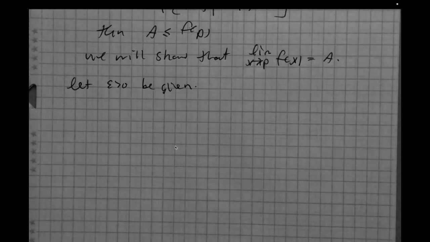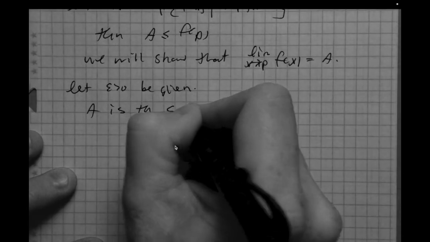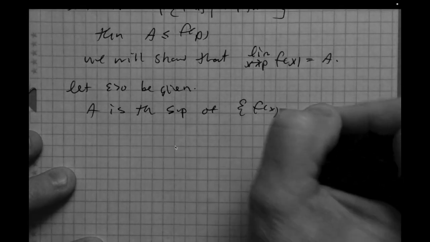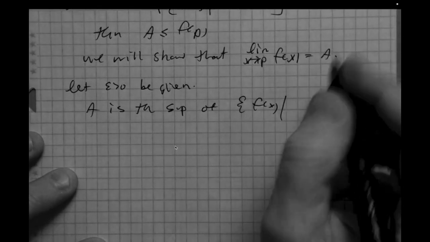Now, A is assumed to be the least upper bound of the set. So A is the supremum of the set f of x such that x is less than p.